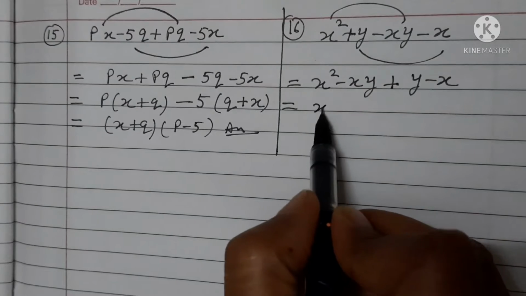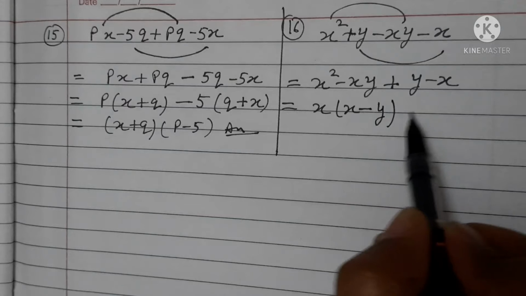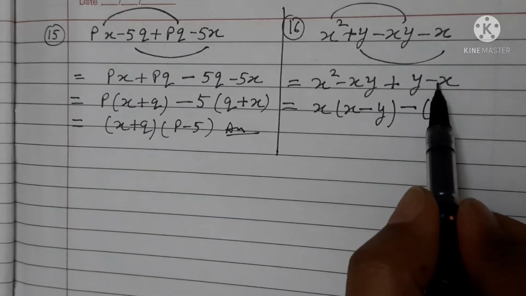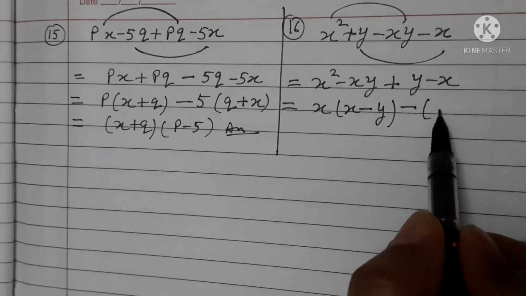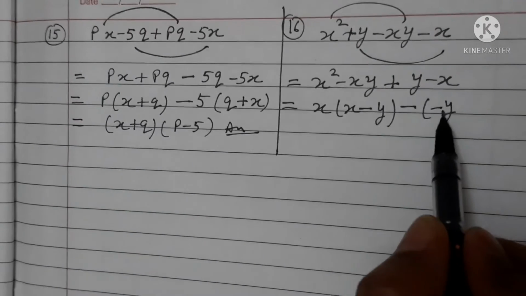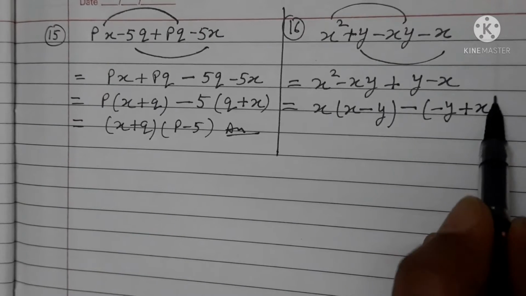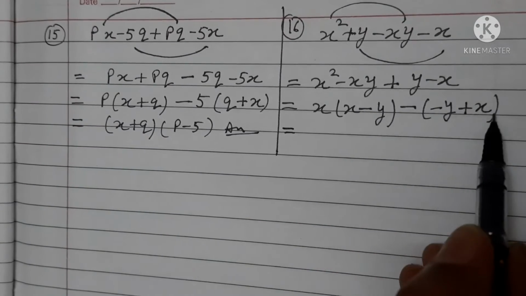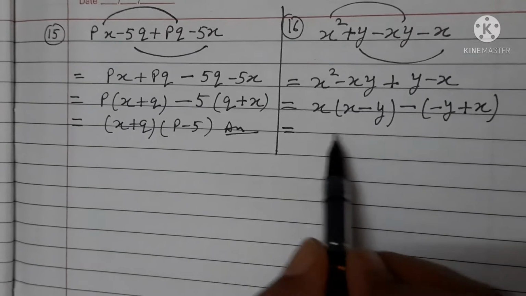Now x is common, so x minus y, and here take minus common, so you can write it minus y, because minus and minus become plus. Minus you have taken common, so minus minus plus y as it is, and this is plus x, because minus you have taken out common. So these 2 terms are the same now, x minus y, x minus y.